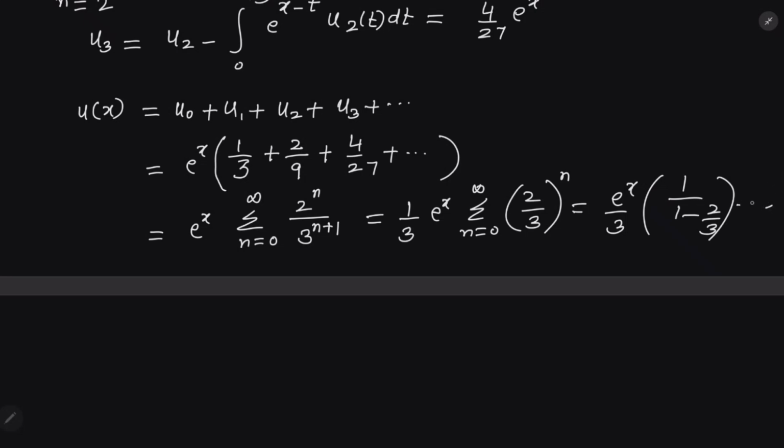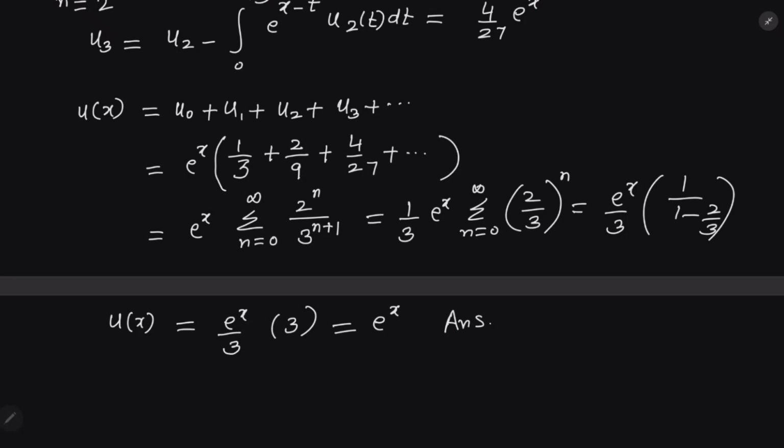We have u(x) is equal to e^x over 3 times 3, and at the end we get u(x) is equal to e raised to power x. So this is our solution.